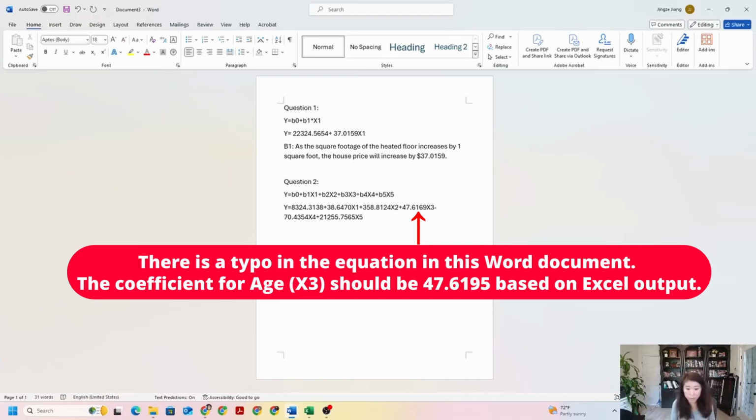Okay, so this is my regression equation, or you can replace the x's with the actual variable names, right?